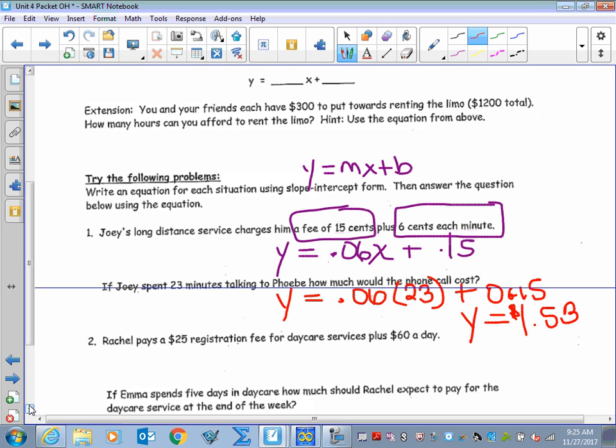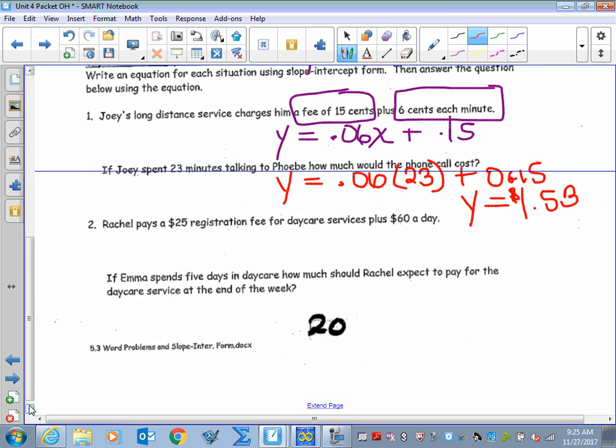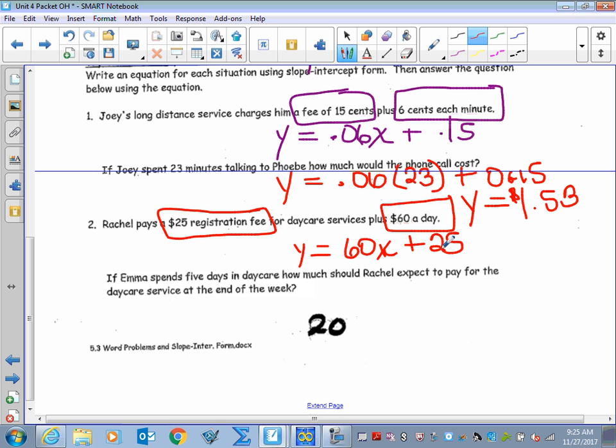All right, let's take a look at example 2. Rachel pays a $25 registration fee and $60 a day. So that's like per day. That is your rate of change, $60 a day. So I'm going to have y equals 60x, plus the $25 registration fee.